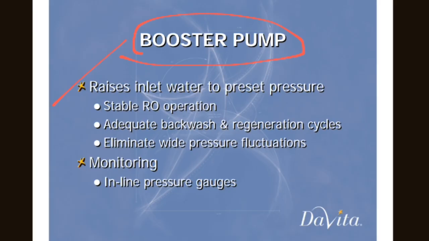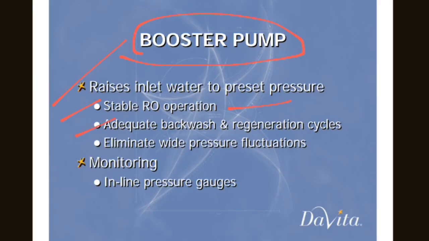The main function is stable RO operation. Sometimes water pressure can be much more than we need and sometimes it is low. So a booster pump maintains a stable RO water pressure to maintain a stable operation. Another function is adequate backwash and regeneration cycles.